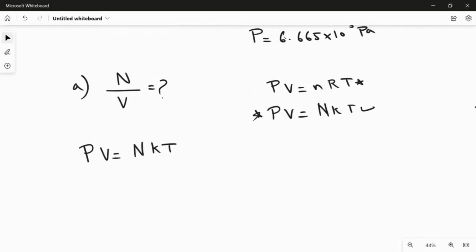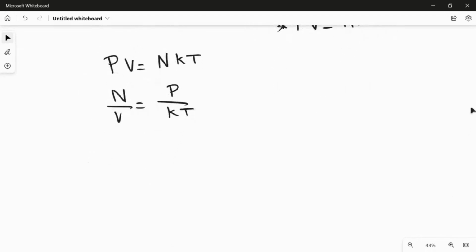I have to rearrange this equation in terms of N over V. Therefore, N over V is equal to P over kT. Now I am going to substitute the values because we have all the information. The pressure, which we converted from torr to Pascal, is 6.665 multiplied by 10 to the power minus 5.